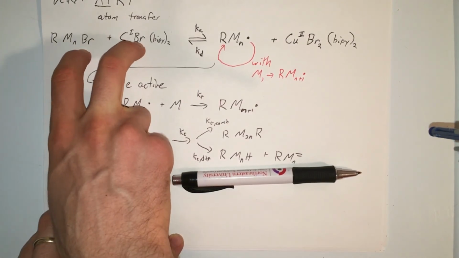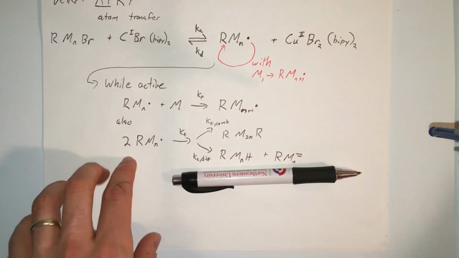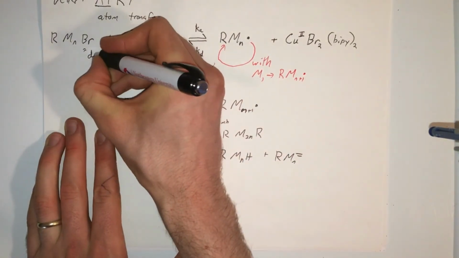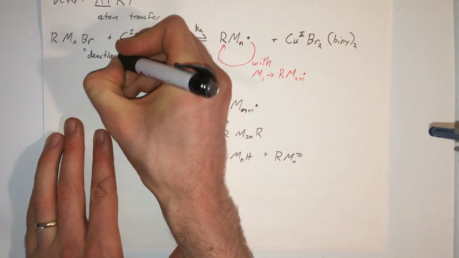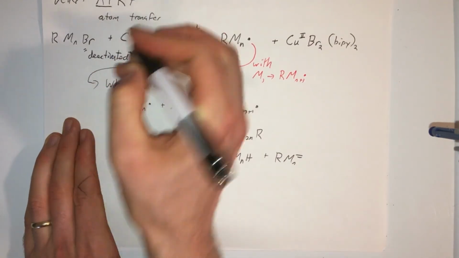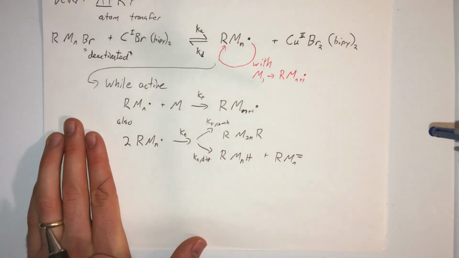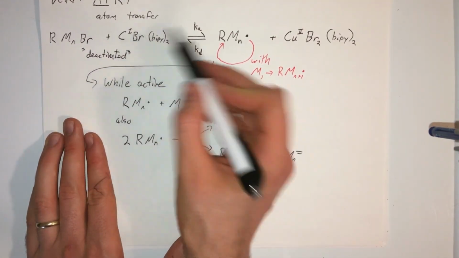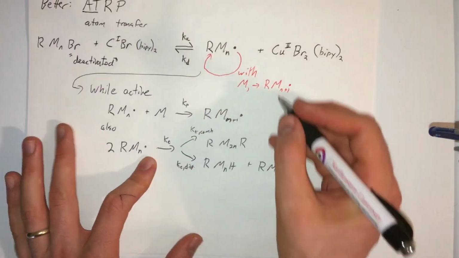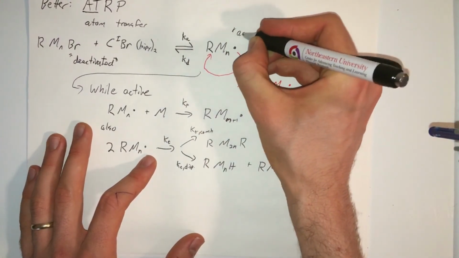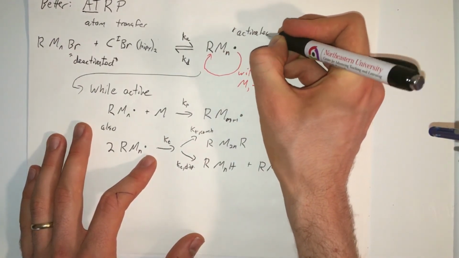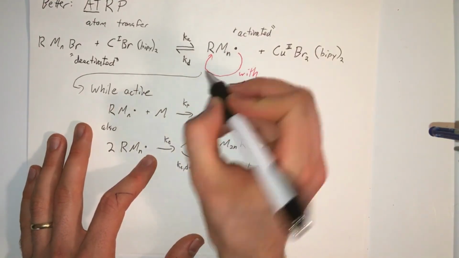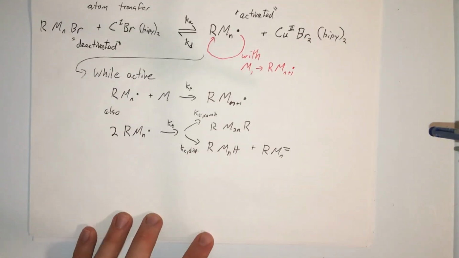When it's in this state, we might say it's deactivated. Why is it deactivated? Well, there's no radicals now. The radical got gobbled up by this copper 2 becoming copper 1 in this case. And here, it's activated, so it has the radical exposed, and it can do this growth process.